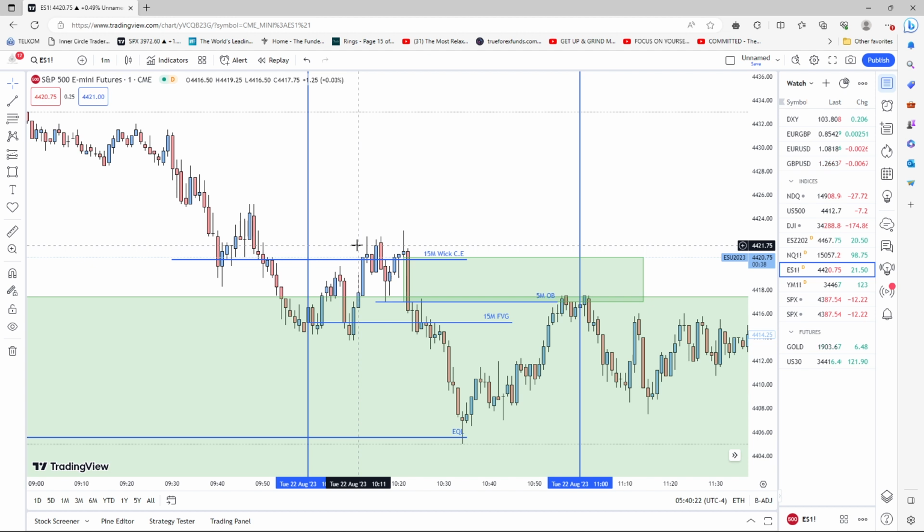So 15-minute consequent encroachment wick level, we traded up into this level and we rallied down and we broke market structure right there. You can also use this point, but I like to go back to the parent swing, which formed this price rally up higher. Once that gets broken, we have a definite market structure shift.